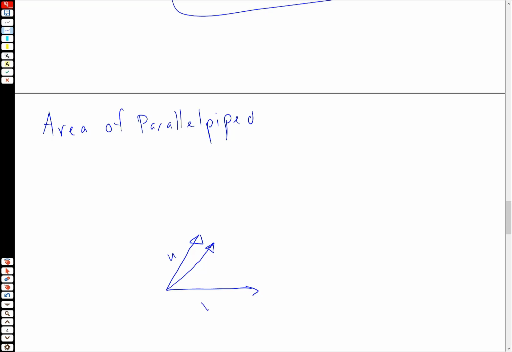So here's u, here's v, here's w. Then the parallelepiped is sort of like the box that's generated from these three vectors. I recommend going into your book and seeing the actual picture. But in any case, that's a parallelepiped. It's kind of like a box that's been tilted forward.